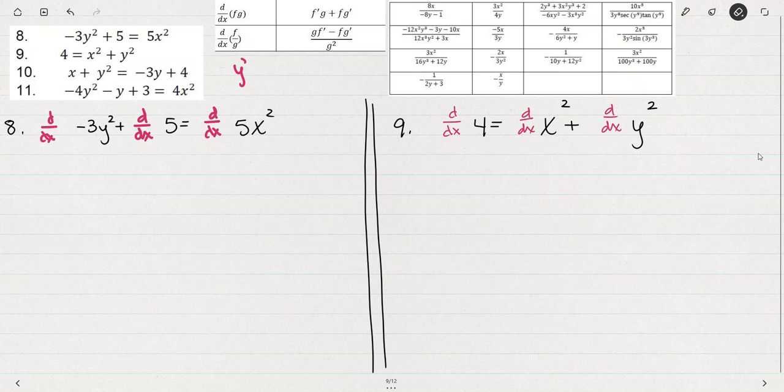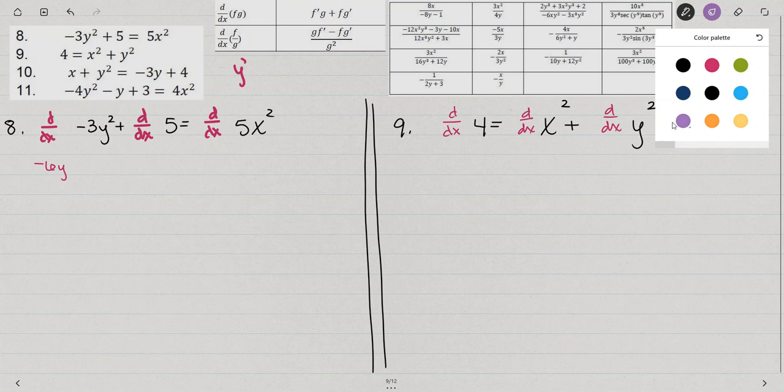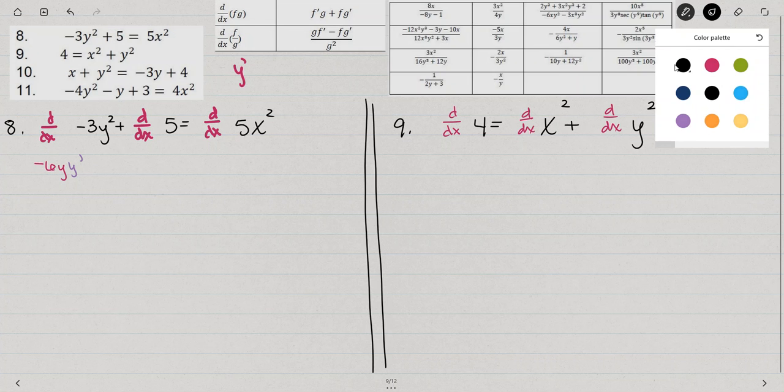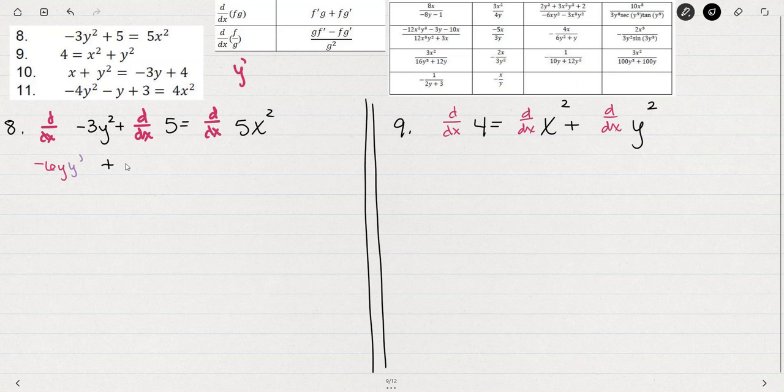The derivative with respect to x of negative 3y squared is going to be negative 6y to the 1 times y prime, because I'm going to chain. The derivative with respect to x of 5 is just 0, and the derivative with respect to x of 5x squared is going to be 10x.